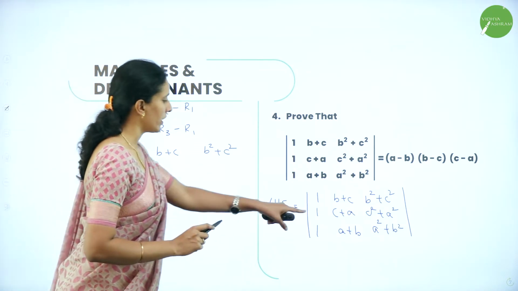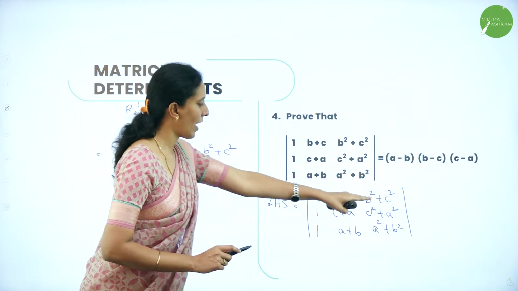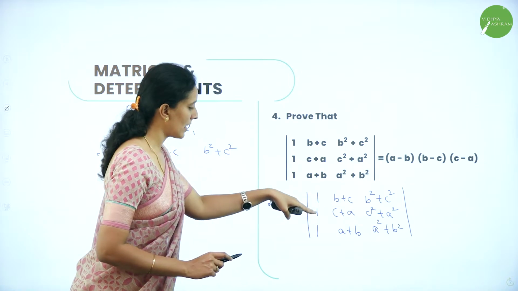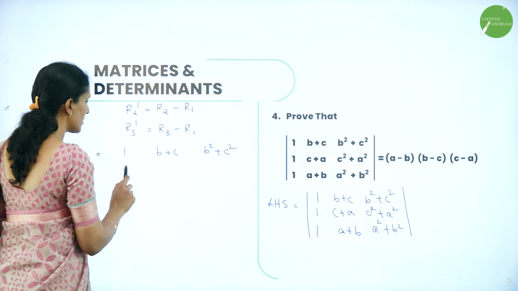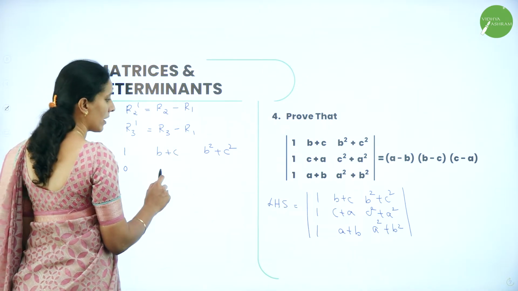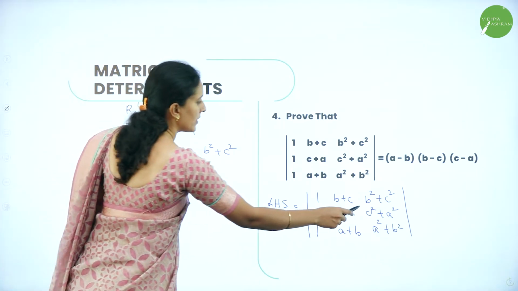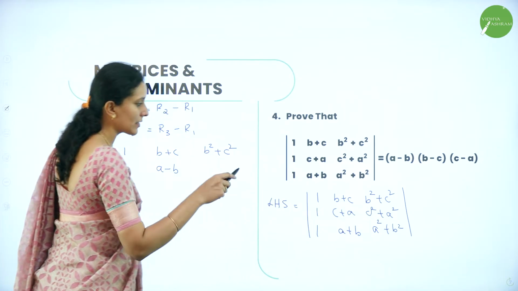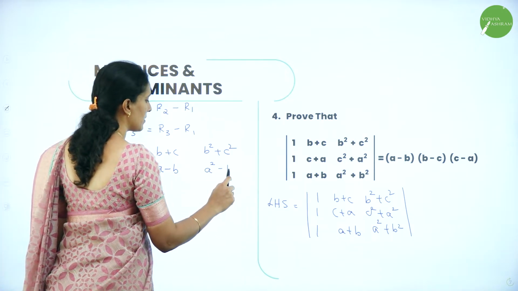The second row should be written in the form of R2 minus R1. So whatever you have in the second row as an element, subtract the first one from it. So 1 minus 1 becomes 0. C plus A minus B plus C becomes A minus B. Next we have C square plus A square minus B square minus C square, which becomes A square minus B square.